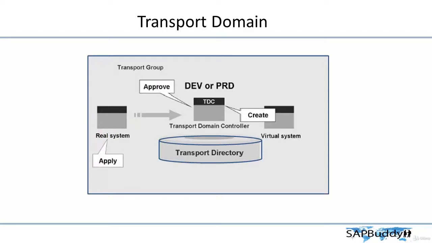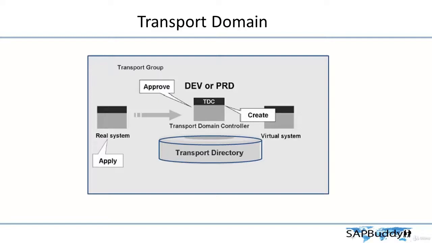Each additional SAP system must apply for inclusion in the existing transport controller. Since the configuration of the TMS can only be done in the domain controller, the transport domain controller must then configure the inclusion of each SAP system.